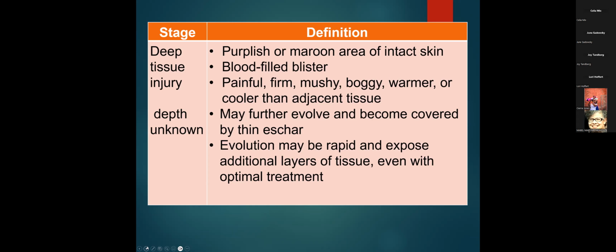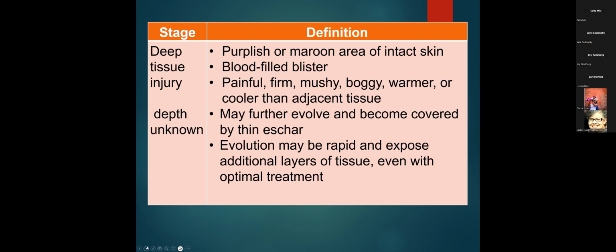And then eventually this area may progress and become covered with a thin scab, basically. And the evolution may be rapid and eventually unearth multiple layers of tissue, depending upon the depth of the injury. So it's kind of like a stage 4 injury, but sort of masked in the beginning. It's not always clear.